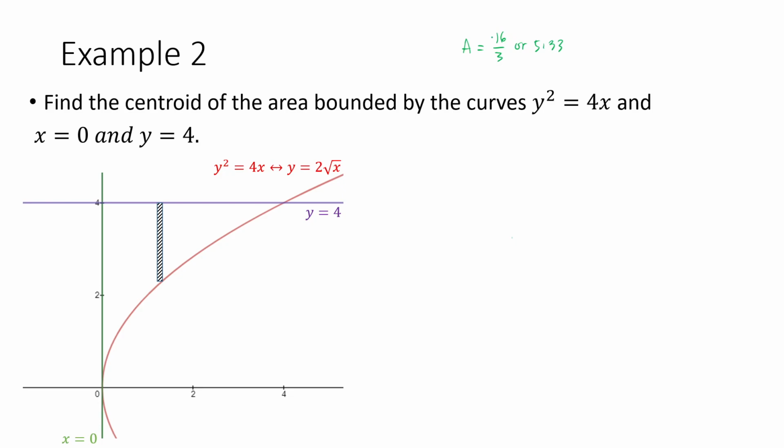Since I'm not looking for the area, what I'm going to do in my formula is use 16 over 3, because it's delicate if rounded off when I look for the bar x and the bar y.